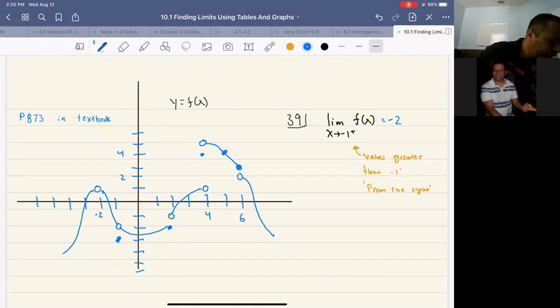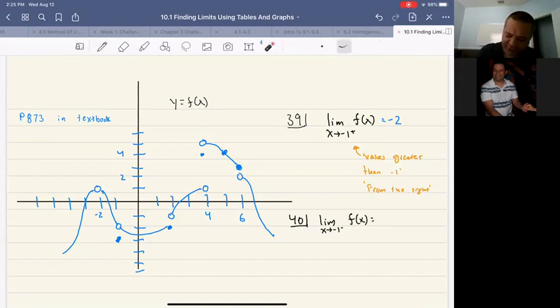Okay, the next one, number 40, it's the limit as x approaches -1 from the left of f of x equals, and from the left, actually, it's going to get to the same thing, right?